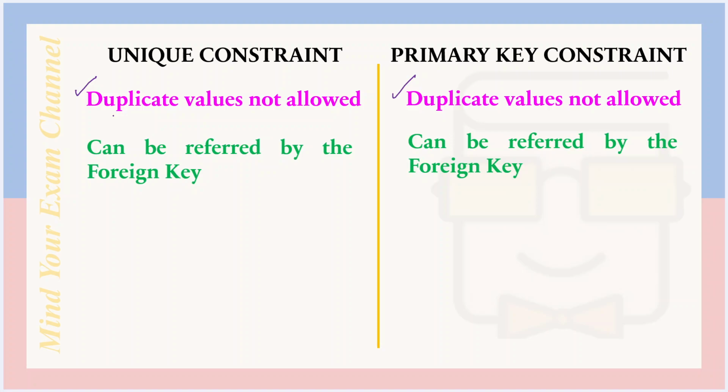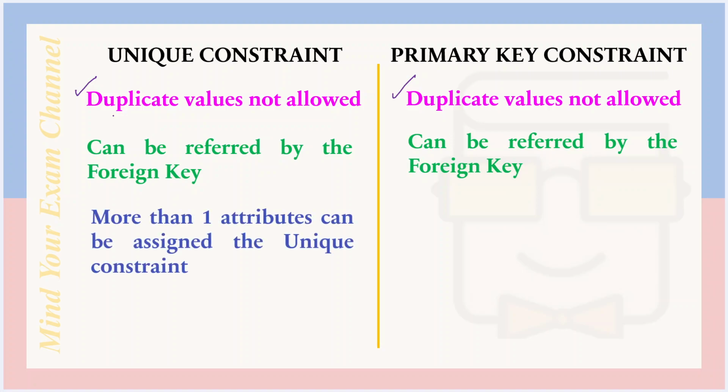So why are only primary key and unique attributes referred by the foreign key? Because both these attributes ensure uniqueness of values, and a foreign key can refer to any attribute that stores unique values. So these are the similarities between the unique and the primary key constraint.